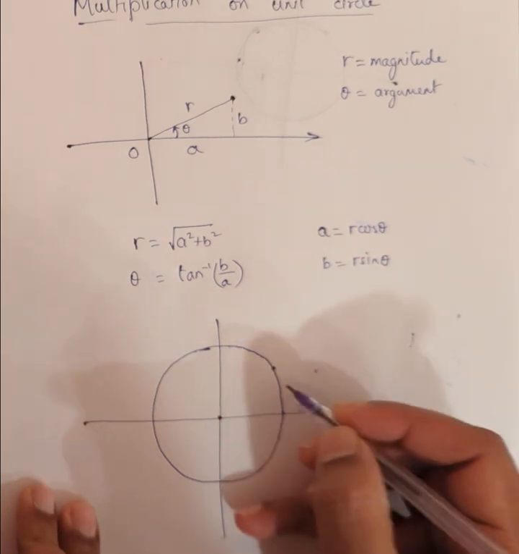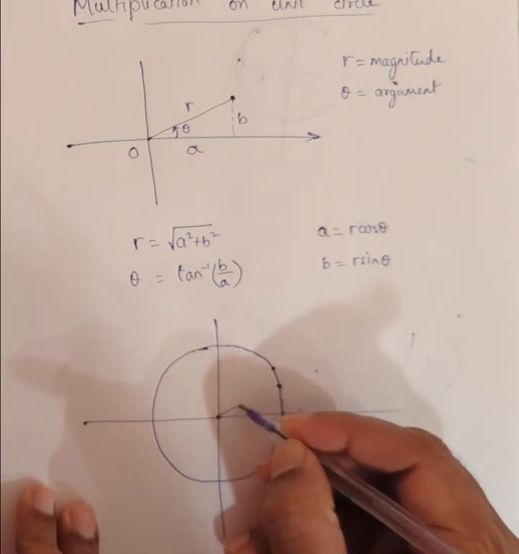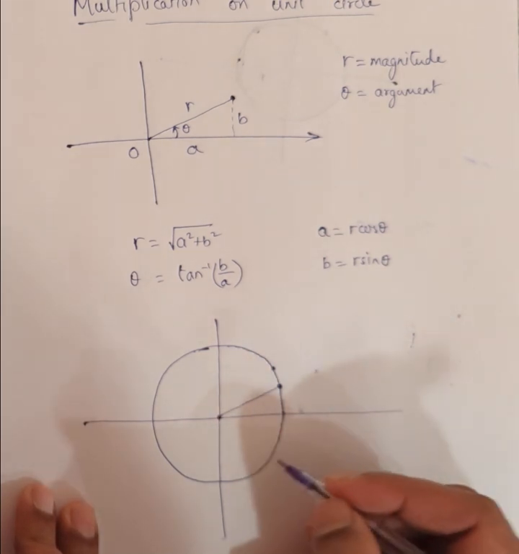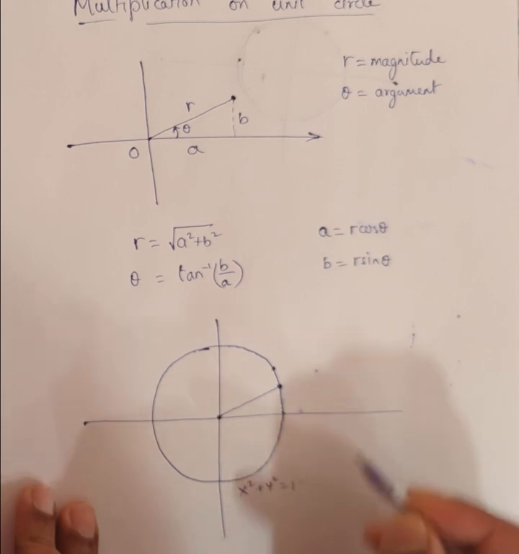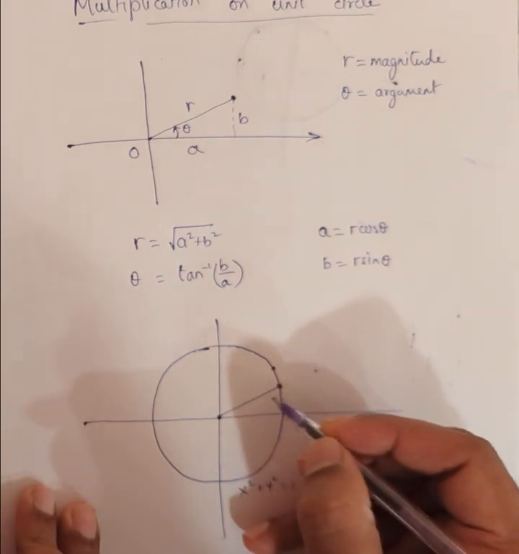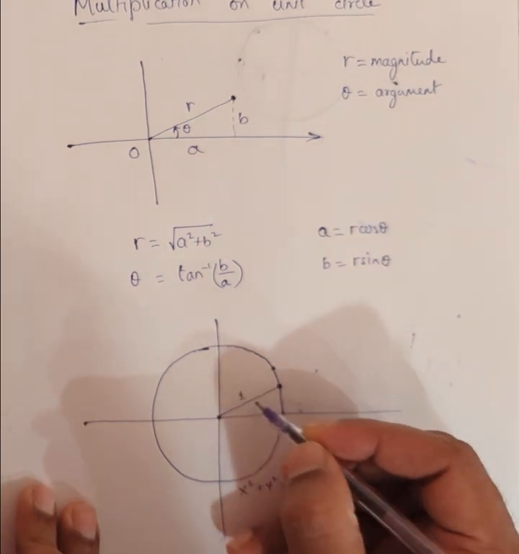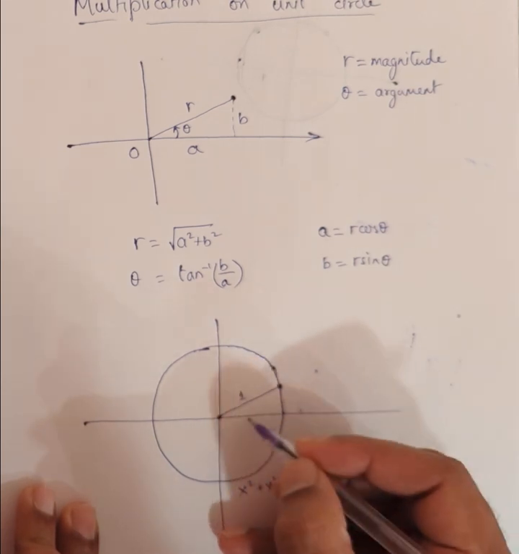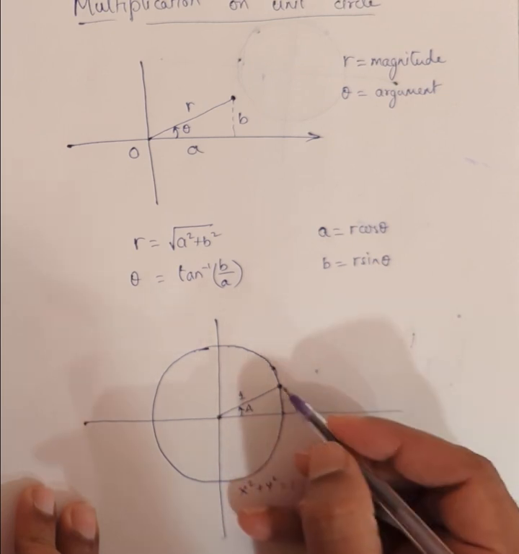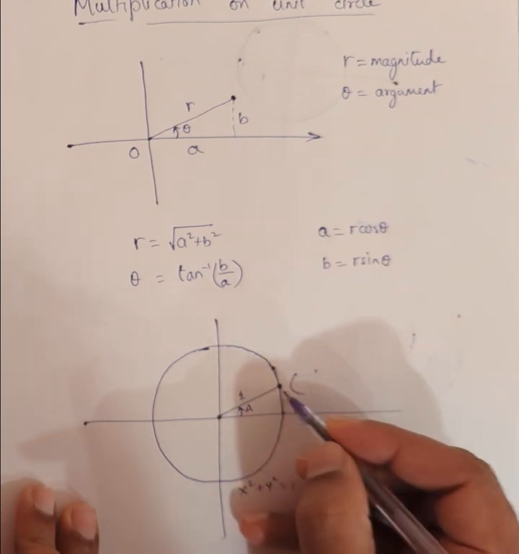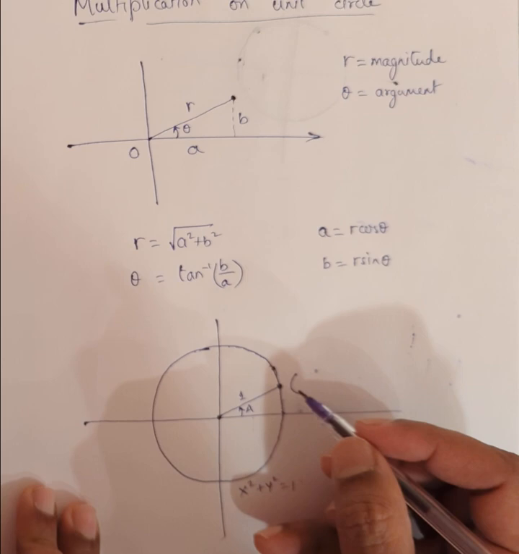So if I have a complex number on the unit circle, x square plus y square equals 1. So say this is going to be 1 because its radius is 1. And if the argument is a, then I can write down the coordinates of this point.